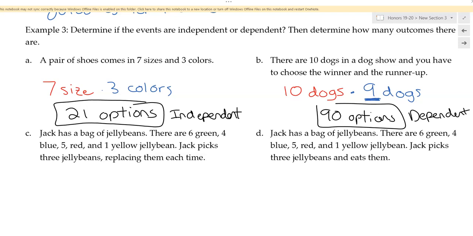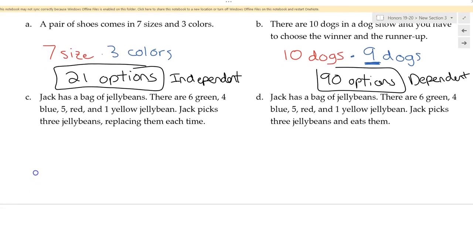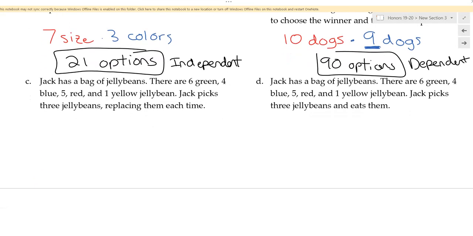Jack has a bag of jelly beans. There are 6 green, 4 blue, 5 red, and 1 yellow. I don't know why there's a comma after that 5. Jack picks 3 jelly beans, replacing them each time. Maybe he doesn't get the color he likes. So how many jelly beans are there? 6, 10, 15. There's 16 jelly beans. So he goes to choose a jelly bean. 16.